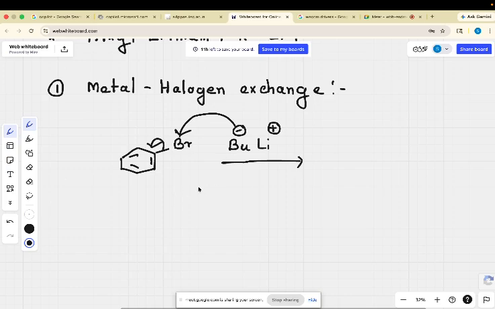Now butyl minus means this carbanion, which is actually not stable. So butyl minus is attacking on the bromine, and it will form butyl bromide, which is a stable product.